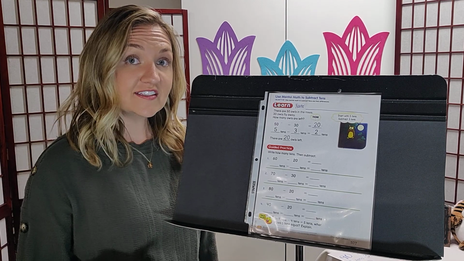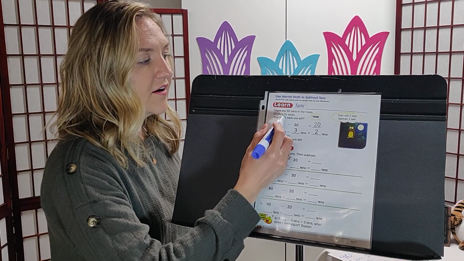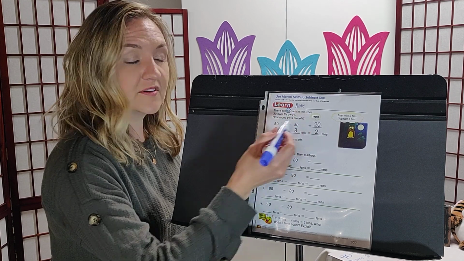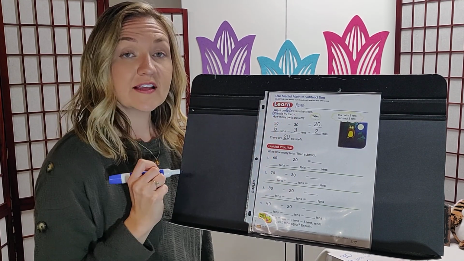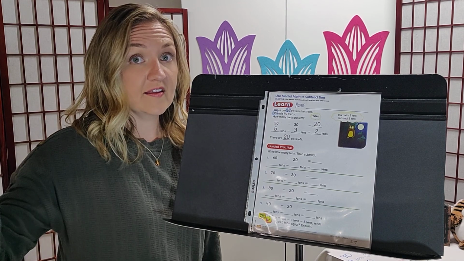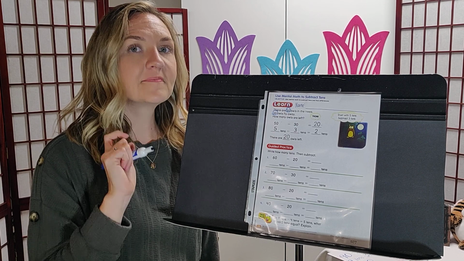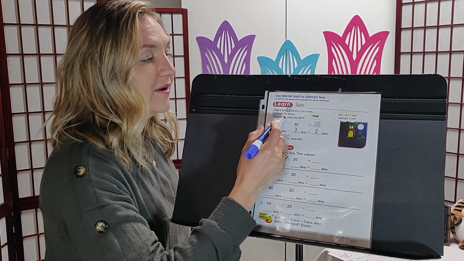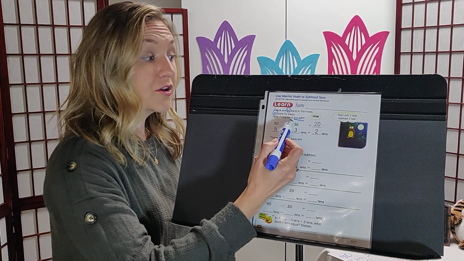Let's go ahead and start working on our page all together, using that strategy to help you with today's math page. Here's an example. There are 50 owls in the trees. 30 owls fly away. That's a clue that helps us know that this is subtraction. How many owls are left? Again, that's another clue phrase.